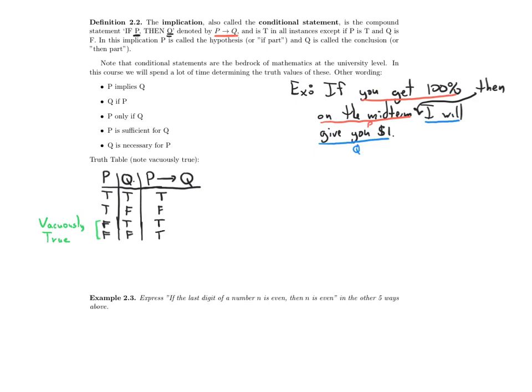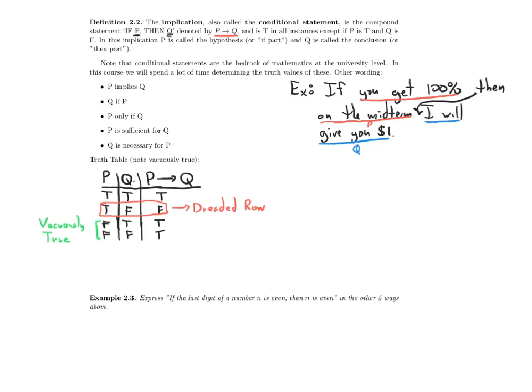The best way to think about the truth table for an if-then statement is it's only false when the if part is true and the then part is false. I like to call this the dreaded row, and you'll see why once we get into proofs a little more. We want to avoid situations where the dreaded row occurs. If we can show that the dreaded row never occurs, then all that's left is the possibility of our if-then statement always being true. So that's kind of the idea here.